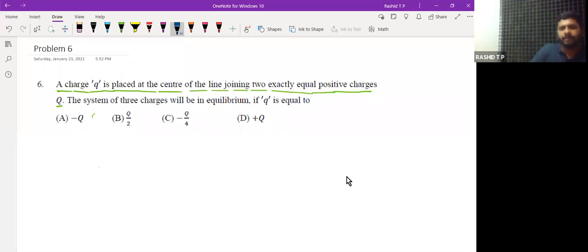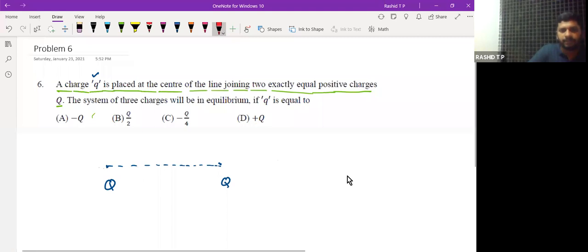That is, we have two charges Q and Q. A charge small q must be placed at the center of the line joining the two charges, and the separation between them, let us roughly take as d.